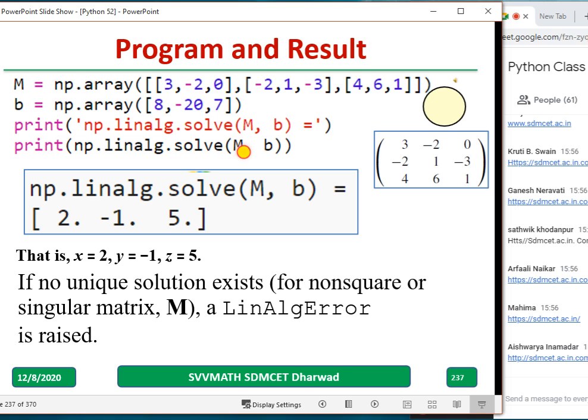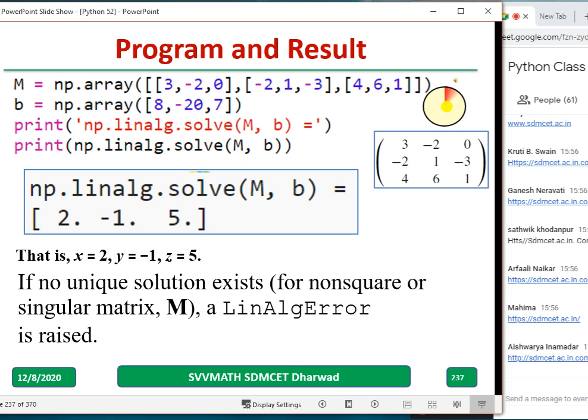I pass this M, which is a matrix, and this B, and the answer I am going to get is 2, -1 and 5. So x equal to 2, y equal to -1, z equal to 5 is the answer I got. Just copy down this small program, hardly a 2-line program.